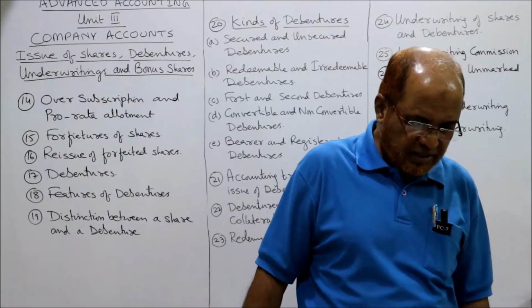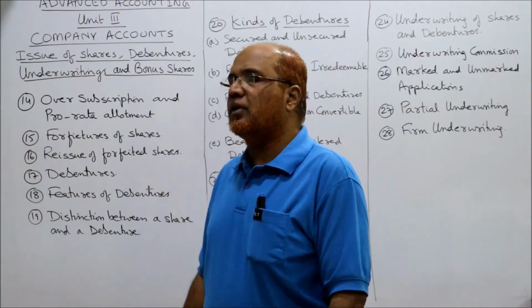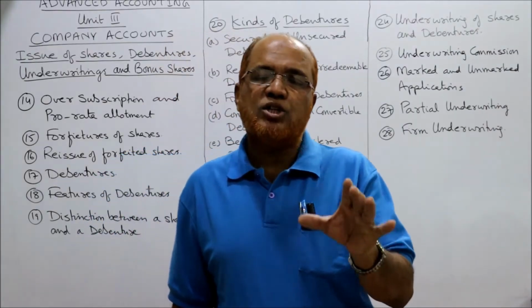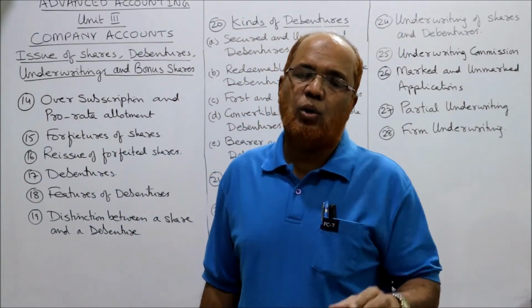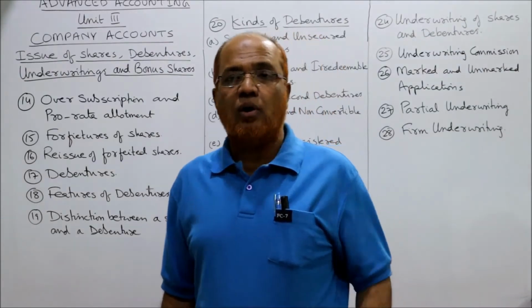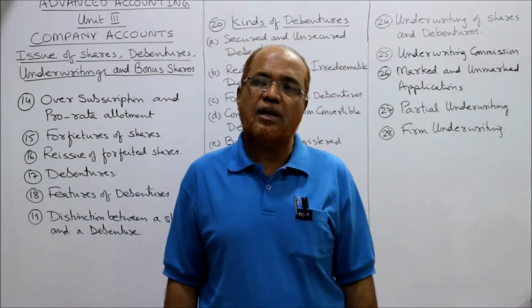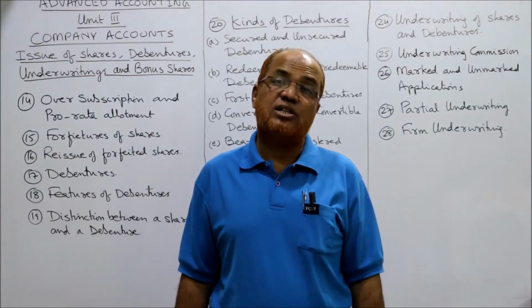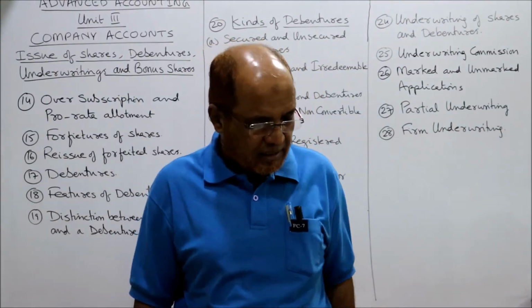Then secondly, debentures are issued for a long period of time. If the company requires a short-period loan, the loan can be taken from a bank. But if the company wants to take a loan for a long period of time, then the company will issue debentures. It's a long-term debt instrument.